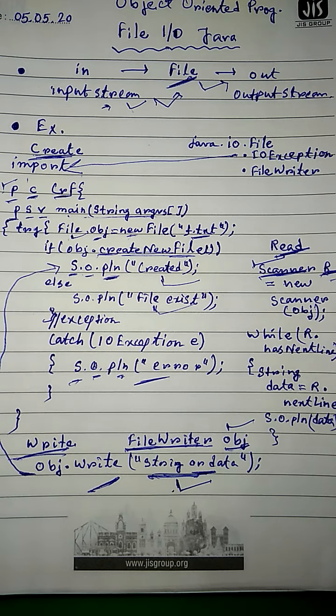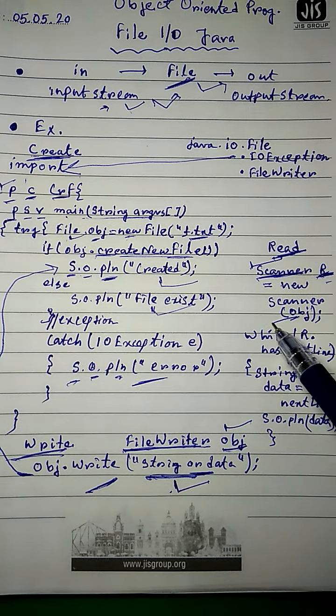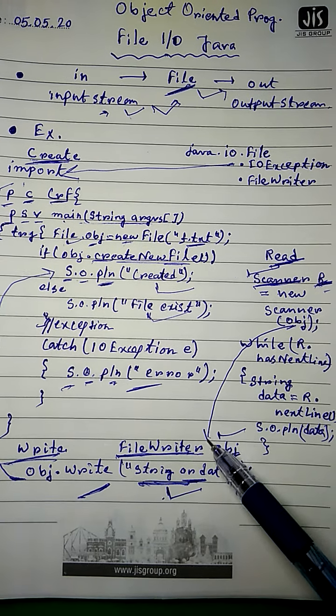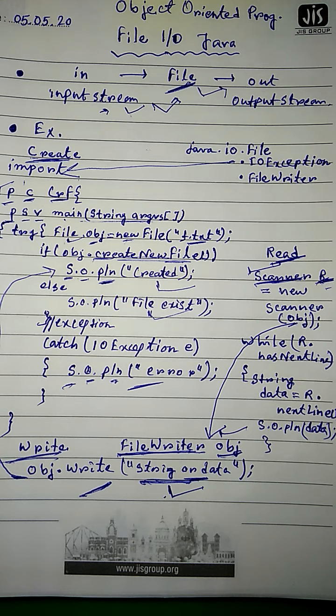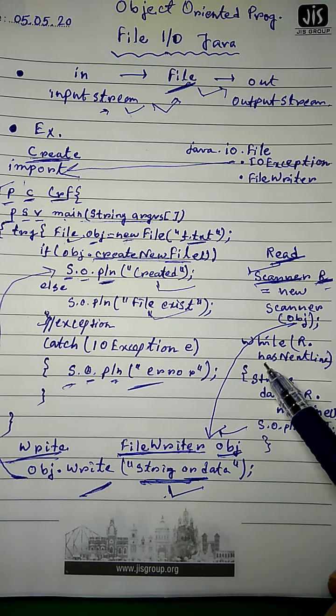Okay, and the name of the object is R. You initialized it with this object that contains some data. After that you have to read all the characters.